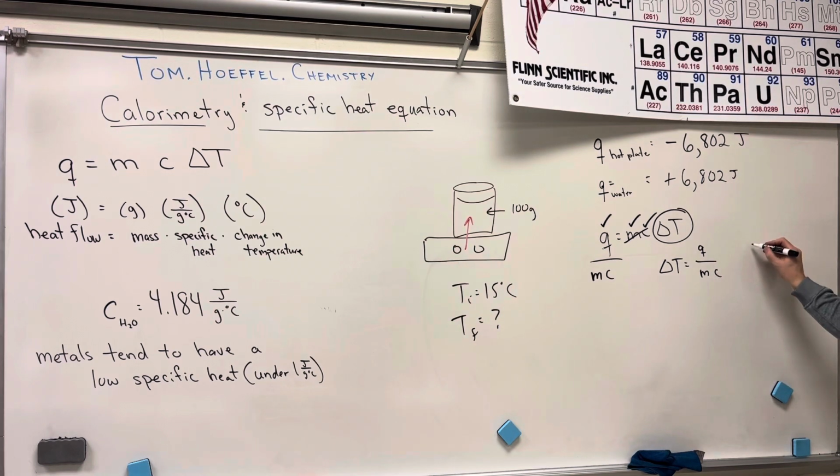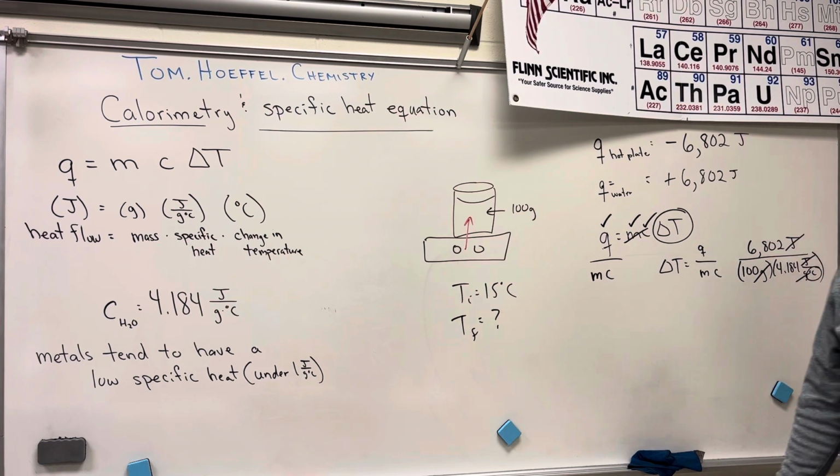The Q is a positive 6,802 joules. The mass is 100 grams. And the specific heat is 4.184 joules per gram degree Celsius. The joules are going to cancel out, the grams are going to cancel out, and I'm going to be left with degrees Celsius.